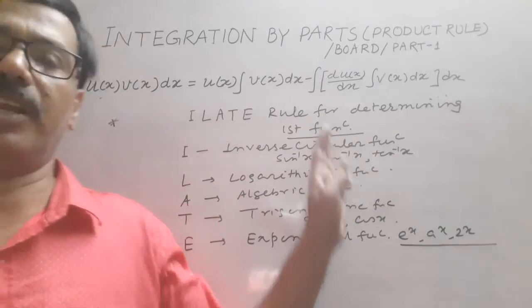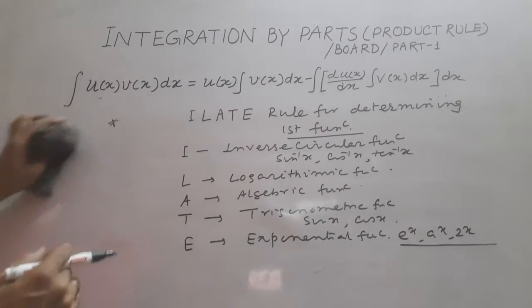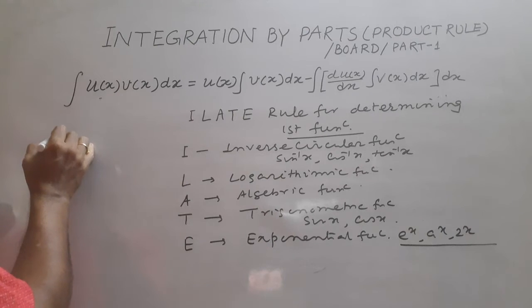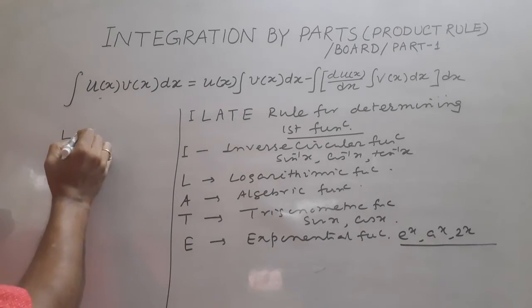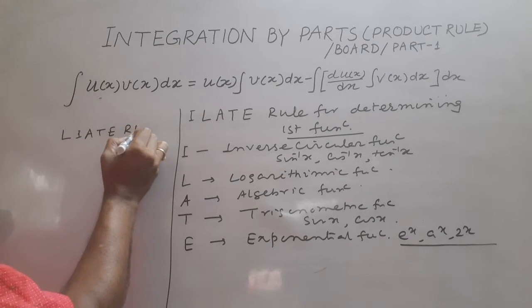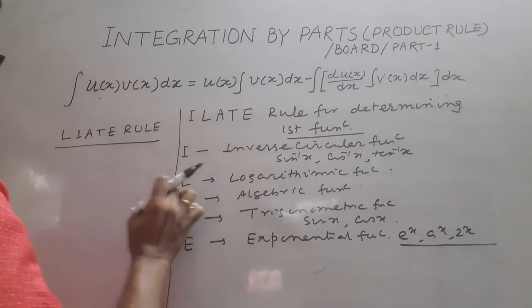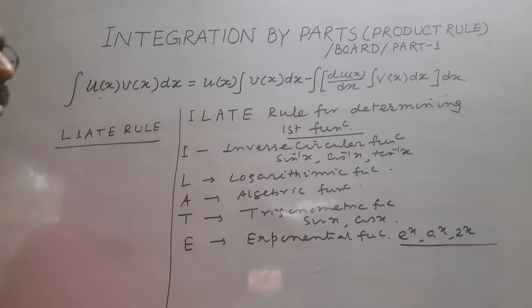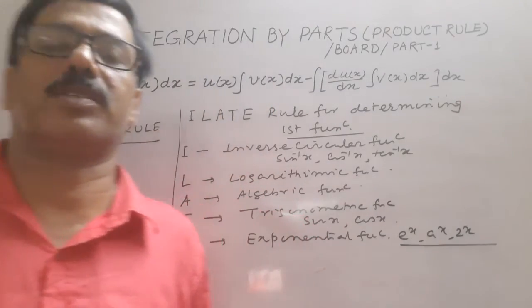This is Liet rule. In some books, it is given as Liet rule. This is Euler rule. In some books, it is given as Euler rule. So L is considering logarithmic function as first function.